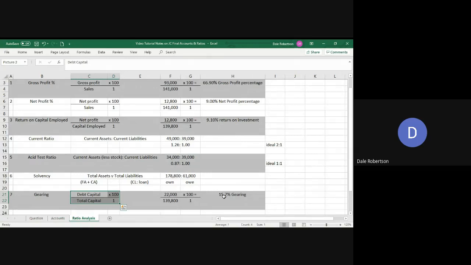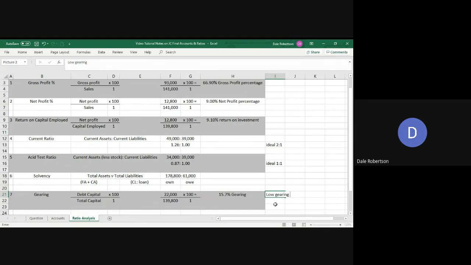And you can say that of all the money that the company have in the capital employed section, or in the finance by section, they've only borrowed 15%. So this is low gearing. They have not got too many borrowings. Anything beneath 50% is low gearing. Anything above is highly geared.